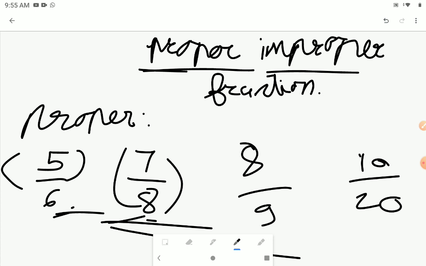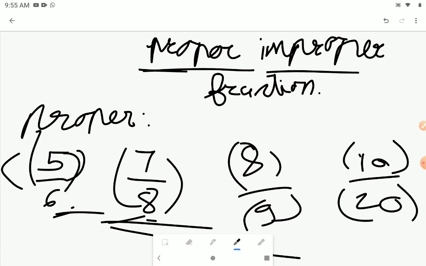The numerator must not be bigger than the denominator. See, 5 is smaller than 6, 7 is smaller than 8, 8 is smaller than 9, 10 is smaller than 20.